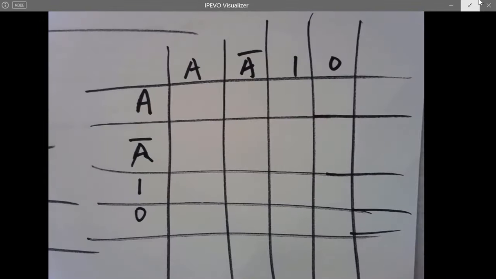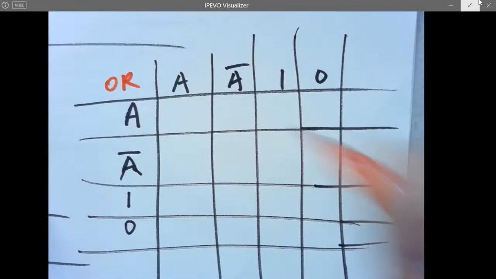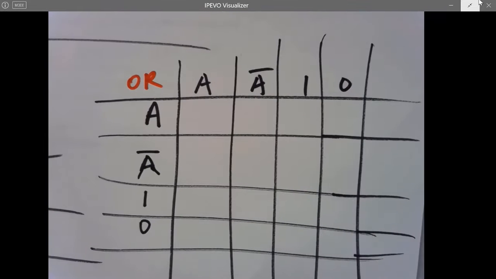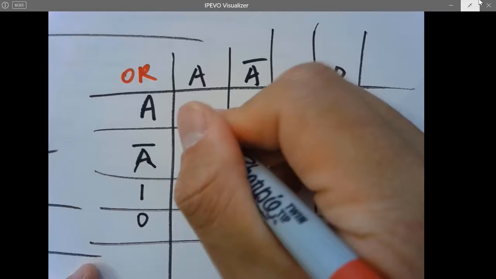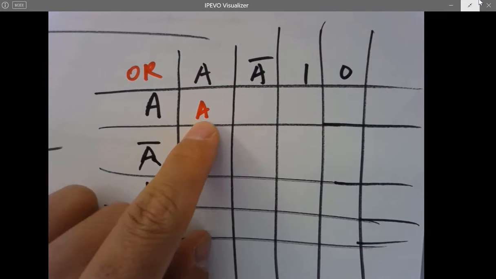Okay, getting more challenging. What are they? A or A? No, let's do or first. I'm getting one chocolate or one chocolate. So what I'm getting, one chocolate. It can be a good chocolate, can be a bad chocolate, doesn't matter. It's going to be that chocolate.